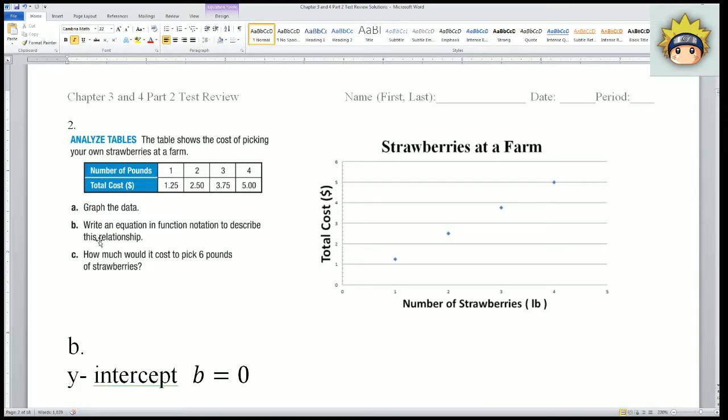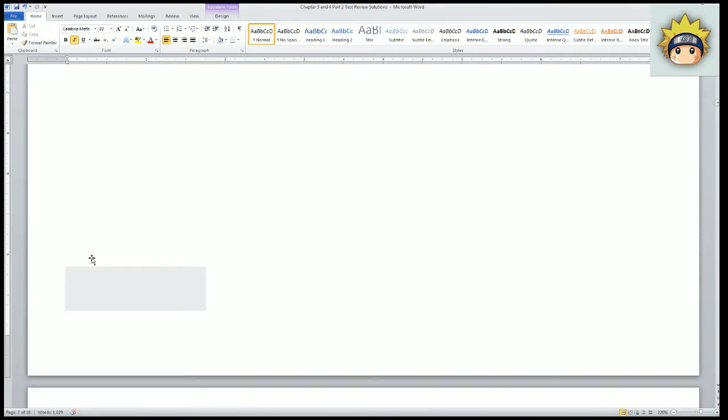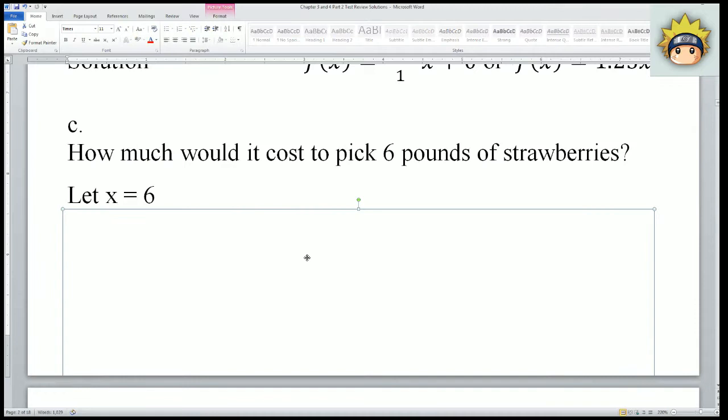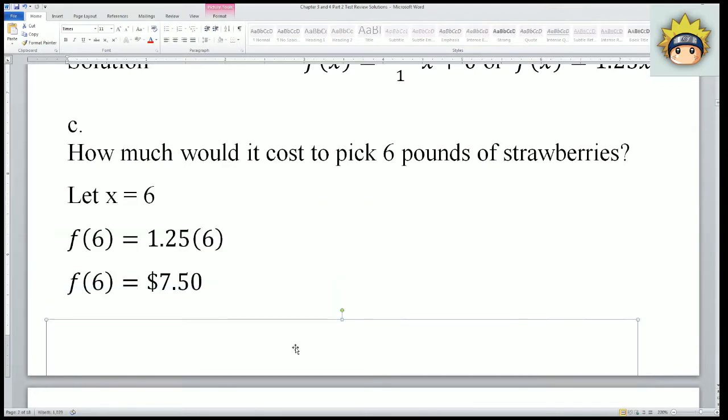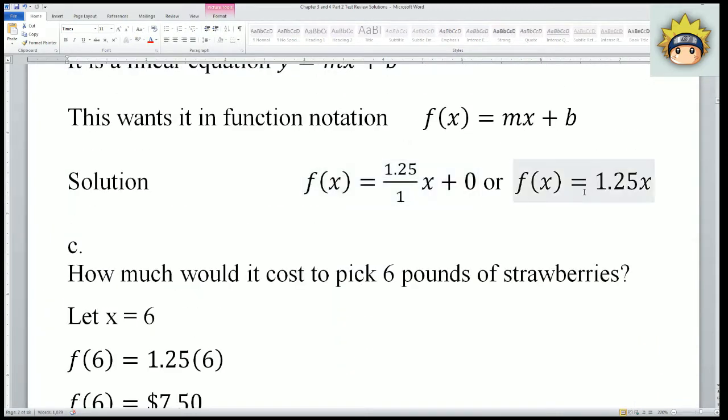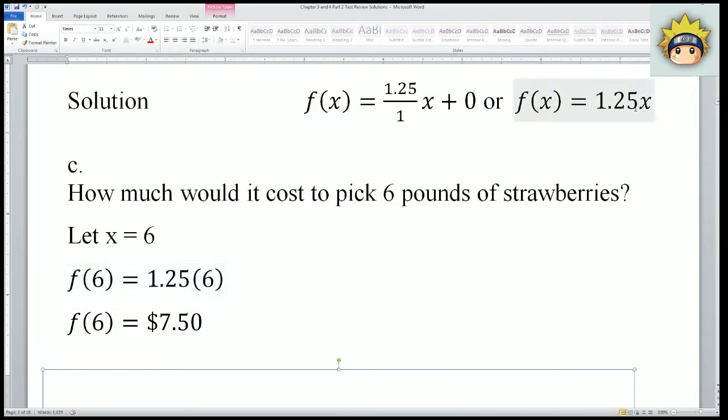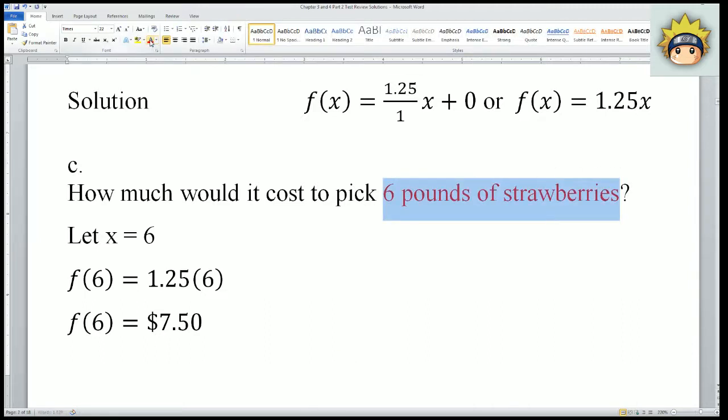How much would it cost to pick 6 pounds of strawberries? There are many ways of doing this, but for this problem, I grabbed the original equation, f of x equals 1.25x, and I let x equal 6. The reason I let x equal 6 is because it's 6 pounds of strawberries. That is why I let x equal 6.